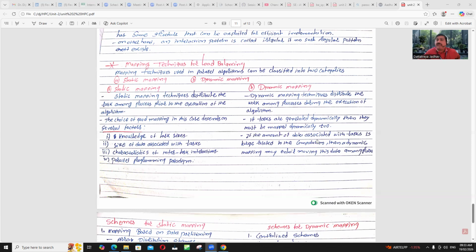If the amount of data associated with the task is large relative to the computation, then dynamic mapping may entail moving this data among the processes. So if a large amount of data is present in a dynamic allocation, we divide it into sub parts and allocate depending upon that parameter.